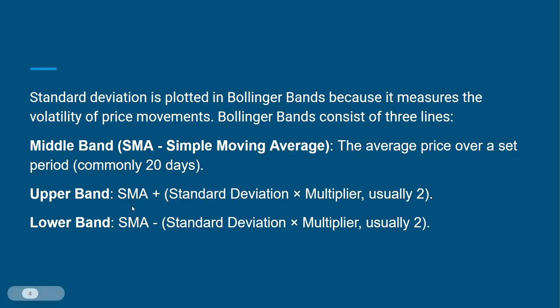Then the upper band is the standard deviation times a multiplier, usually 2 standard deviations. In the normal Bollinger Band setting, we get 2 standard deviations. The lower band is minus 2 standard deviations. So a band is created around the 20-period moving average with 2 standard deviations to measure the volatility of the price.